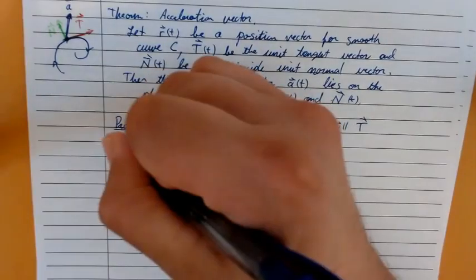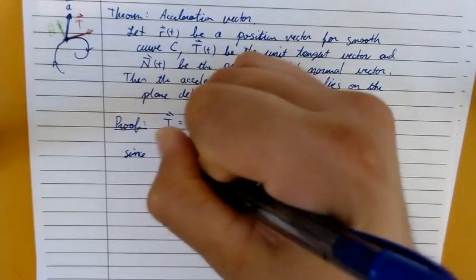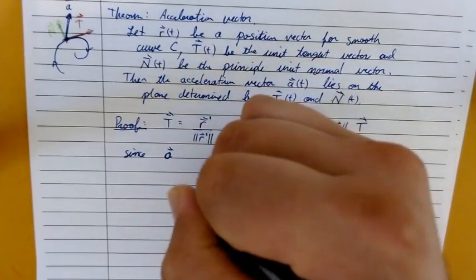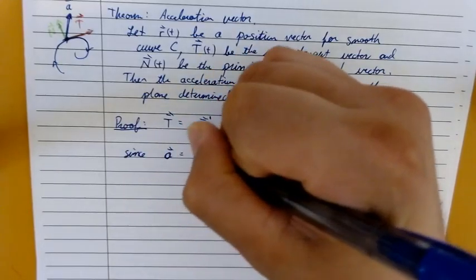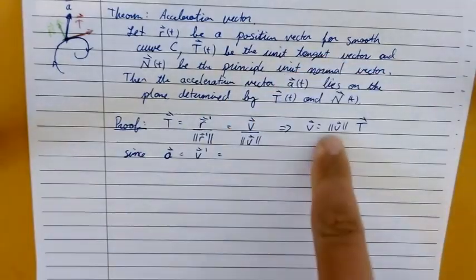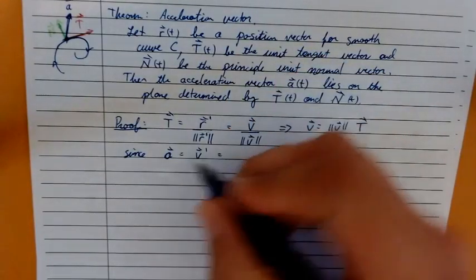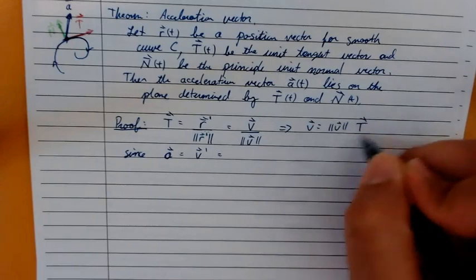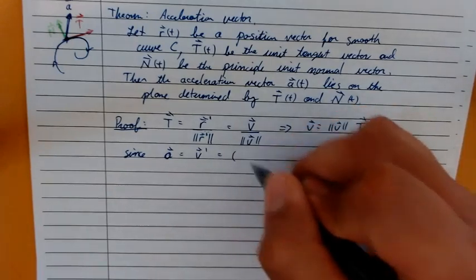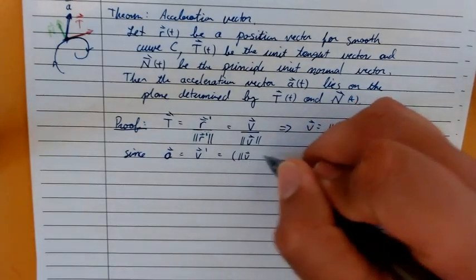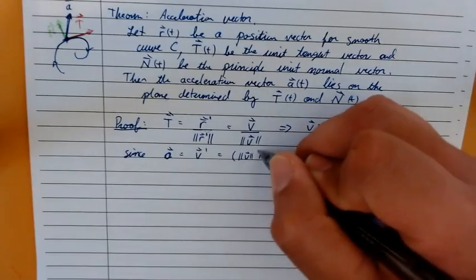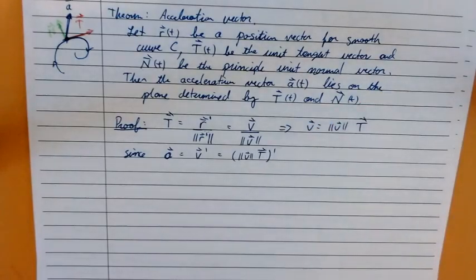Now, since, again, by definition, the acceleration vector is equal to the derivative of the velocity vector, and the velocity vector is equal to that, we could simply say the acceleration vector is equal to the derivative of this thing. Like that.